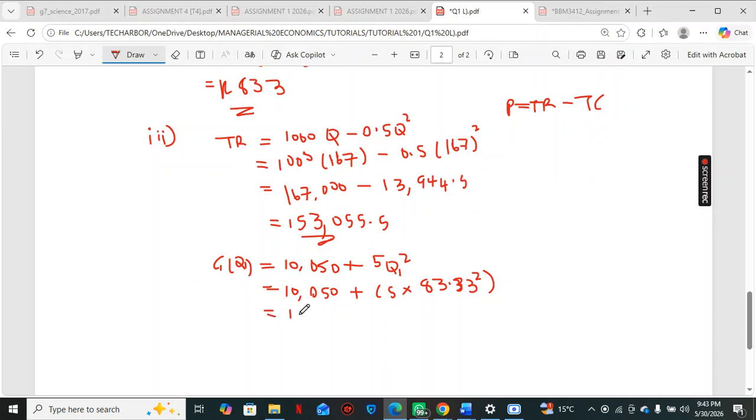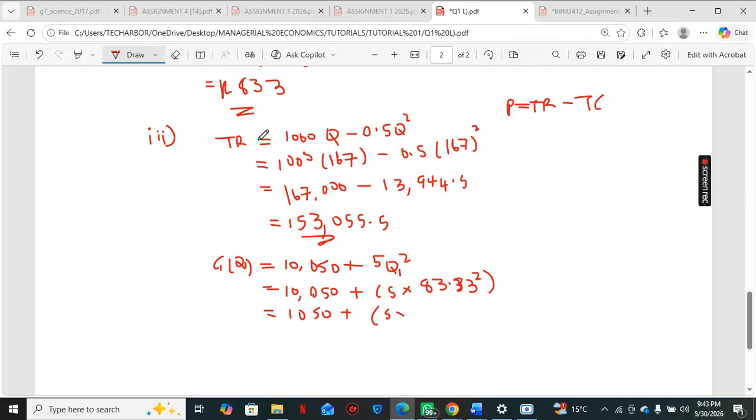So again, say 10,050 plus 5 multiplied by 83.33 squared. That is 6,943.88. And then we multiply that by 5.